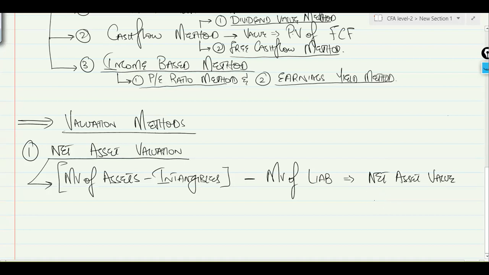This is also called NAV. If we want it per share, that is, what should be the value per share, we can divide this by the number of ordinary shares, and we'll get NAV per share.